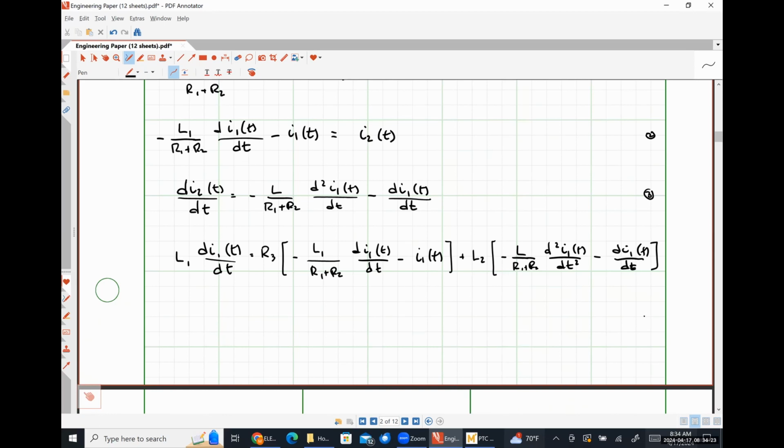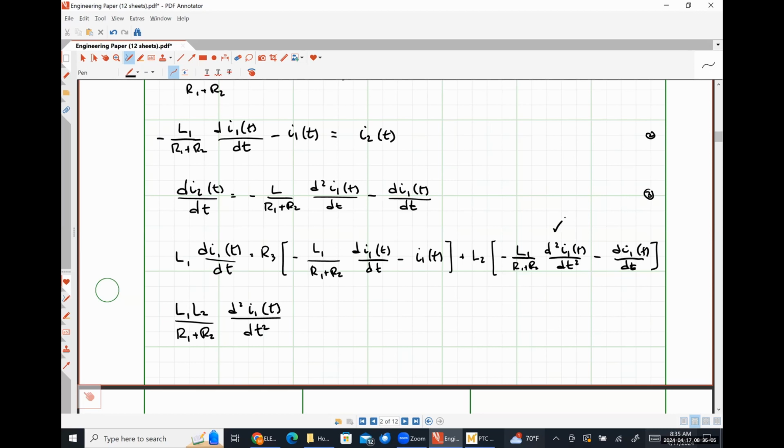And now everything is just in terms of I1, so it's just time to rearrange things, right? So I'm going to move all of my terms from the right-hand side to the left-hand side to get rid of all of those negative signs. And so I'm going to start, actually, hold on, this should be L1. So I'm going to start with my second derivative term. That should look like L1 L2 over R1 plus R2 times the second derivative of I1 with respect to time.